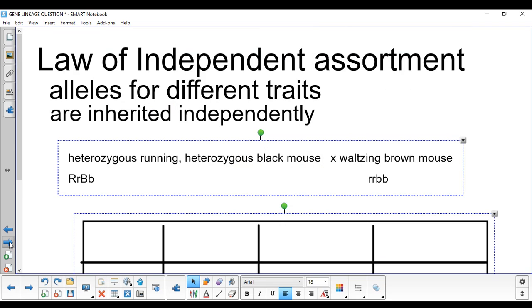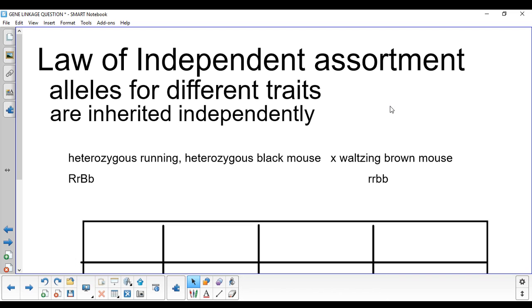Now you're going to practice doing a test cross. Remember that we used this example in class many months ago, that in mice, being able to run in a straight line is a dominant allele, that having black fur is also a dominant allele, that not being able to run in a straight line but going in circles, that's called waltzing, is recessive, and brown fur color is recessive.